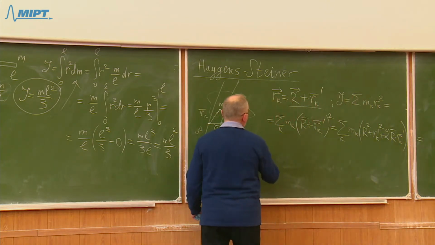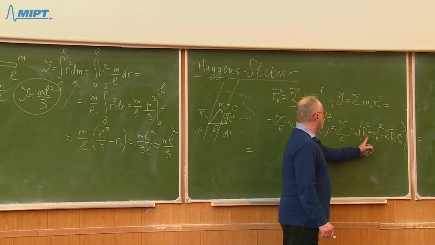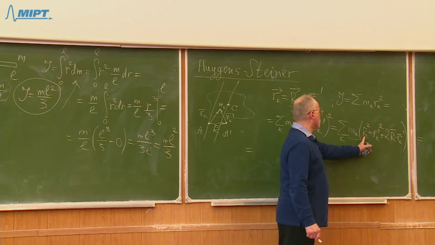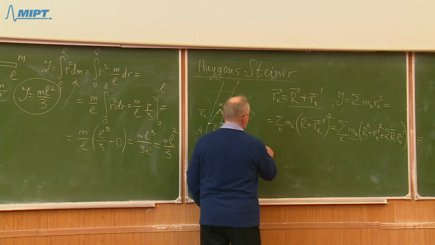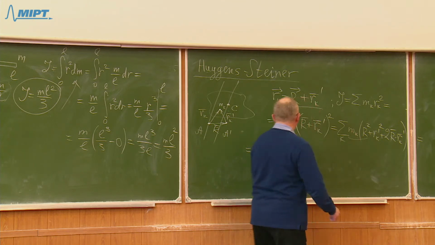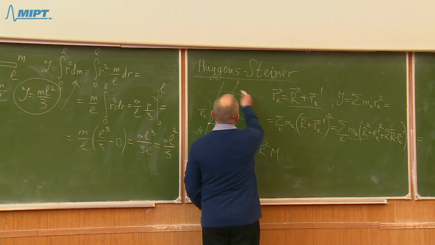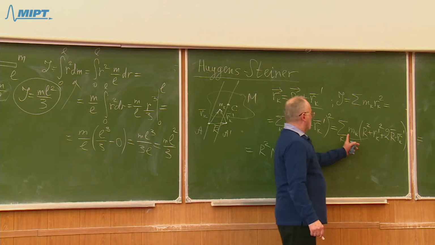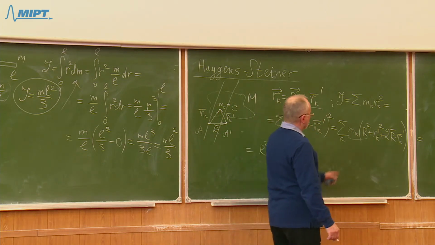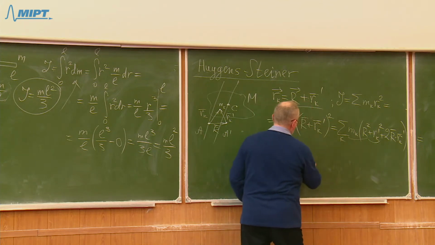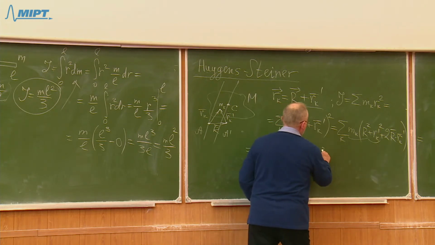If we continue this formula, we will notice that in the first term, mk capital R squared, capital R is constant, and it can be taken out, and we will have the sum of all masses, which will be just the total mass of the solid body, plus the second term, which will give us the sum over all points mk rk prime squared.